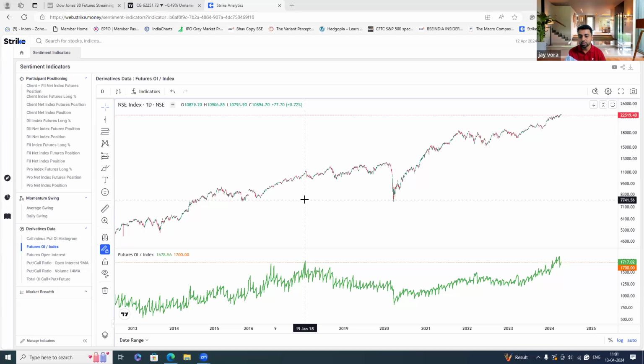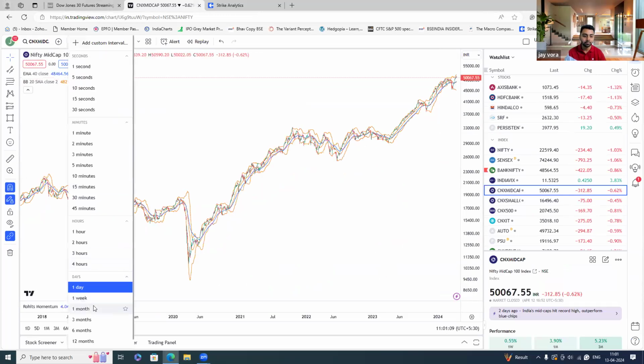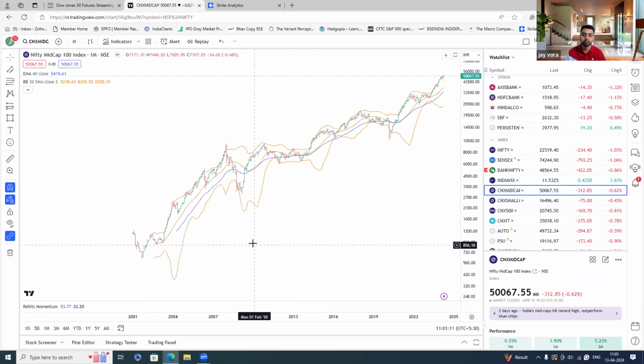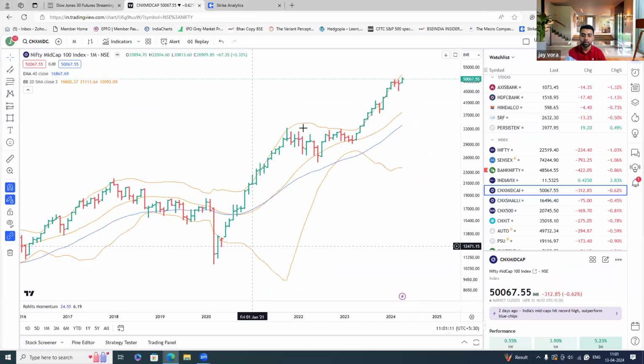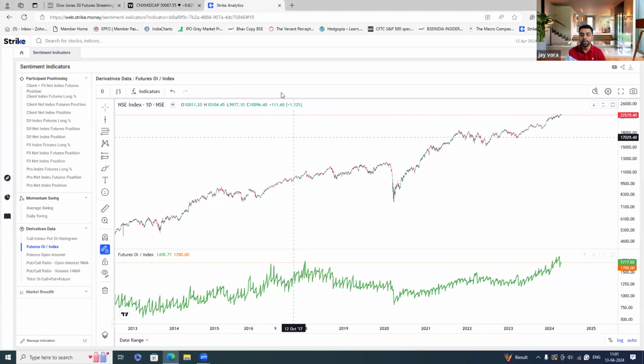So you can see over here, this is Jan 18. Now if I do the mid cap index, and if I do this top, this was 2018. So this is where mid cap peaked, and eventually we saw a massive correction.